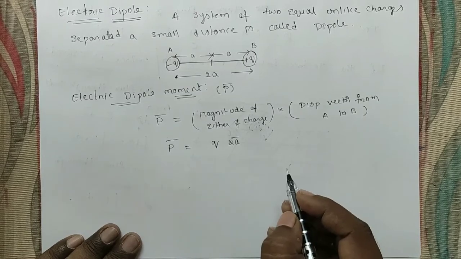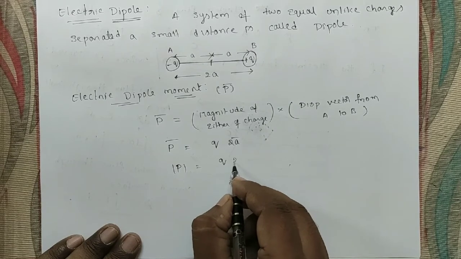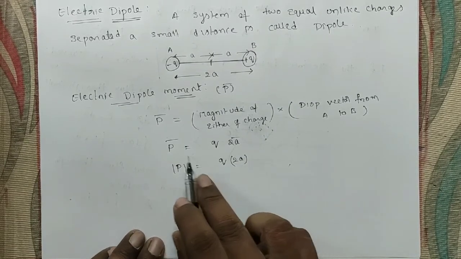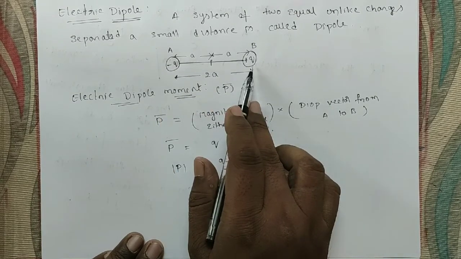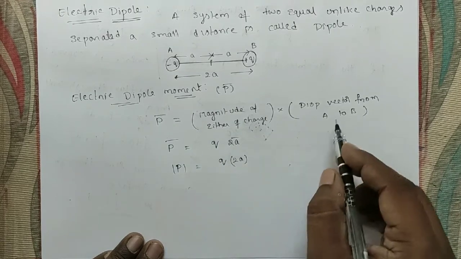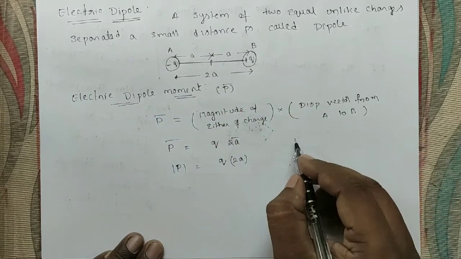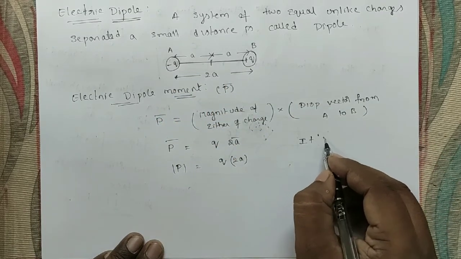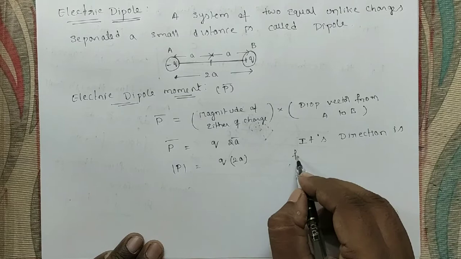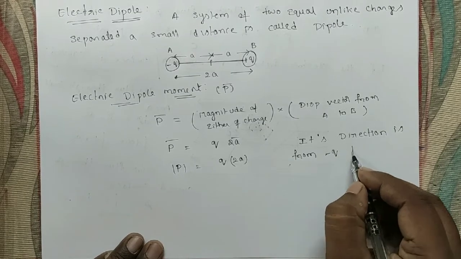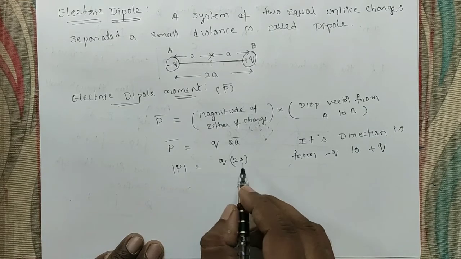This is P bar. Usually we take the magnitude: magnitude of P is Q into 2A, and the direction of this dipole moment is from negative charge to positive charge. That's why we took the displacement vector from A to B. So its direction is from minus Q to plus Q, and its magnitude is Q into the distance between the charges.